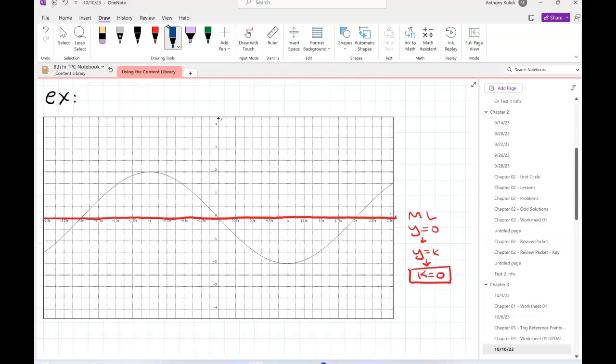Next, I'm going to find the amplitude. Again, I'm going to look with my eyes. I know the amplitude is the distance from max to min, or just from a max or a min back to the midline. That's probably what I'm going to use since I just drew the midline in. So that distance is the amplitude. If I count up from 0, 1, 2, the amplitude I see is 2.